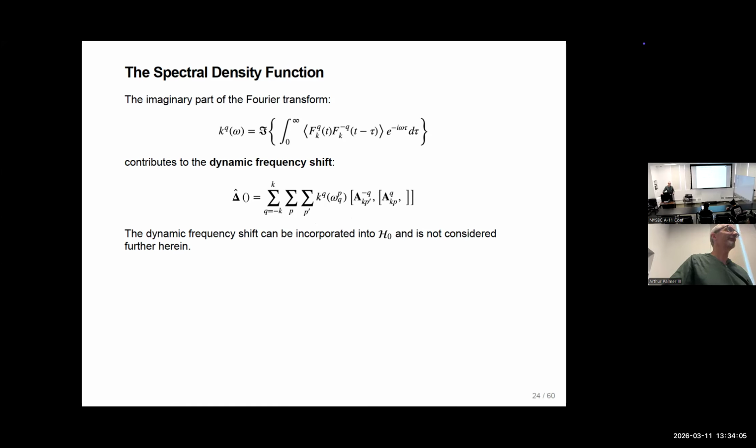So dynamic frequency shifts are shifts in the resonance position caused by dynamics. But they're very hard to measure. And mostly we just say, well, the resonance frequencies are a little bit off from what we really think they are, just based on chemical shift, and we don't worry about it. Every so often, somebody writes a paper trying to measure them, but it's just hard to measure them accurately enough to make use of them.